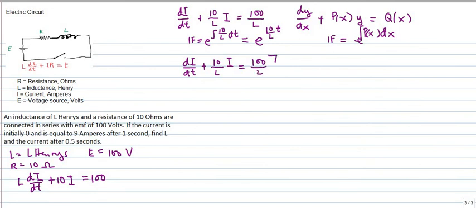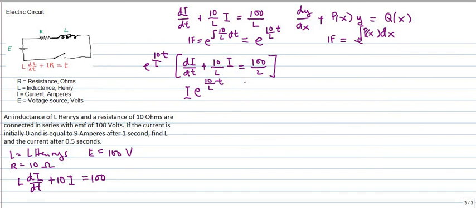And then we will multiply both sides by our integrating factor, that is e raised to 10 over L times t. So when we multiply this one to this part, we have here I e raised to 10 over L times t.